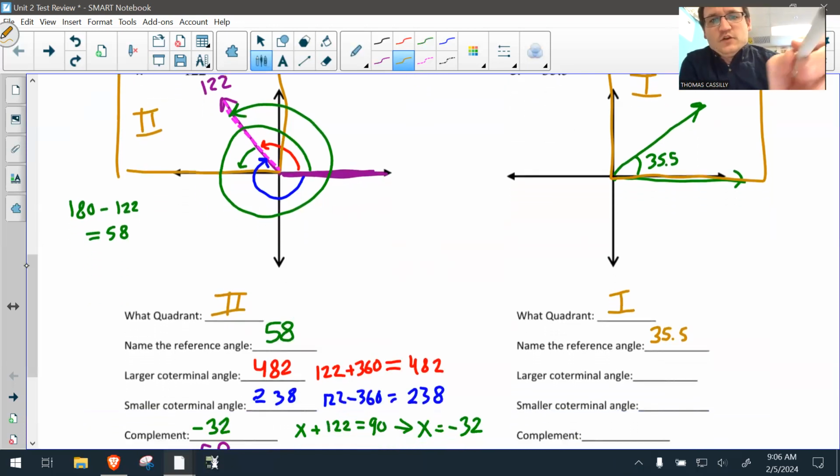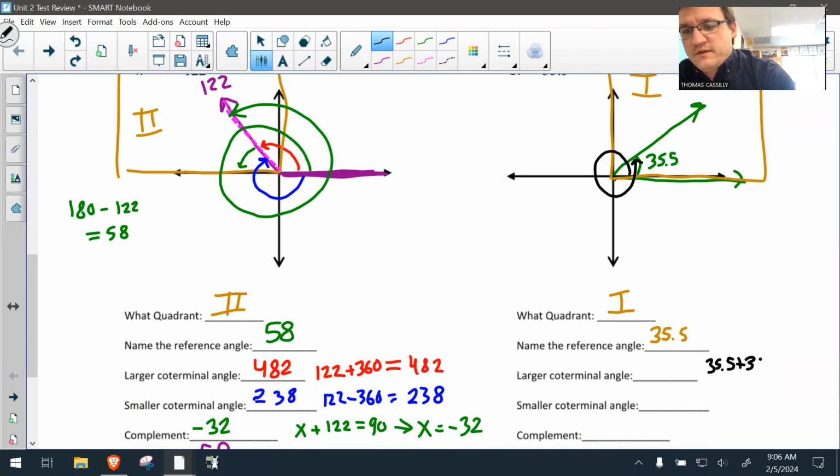A larger coterminal angle. Again, we're going to start at 0 and go all the way around and end at the same spot. So that's just going to be 35.5 plus 360, which is 395.5.